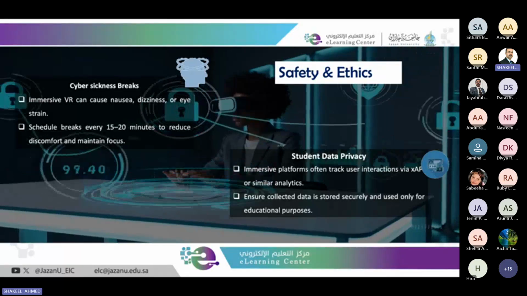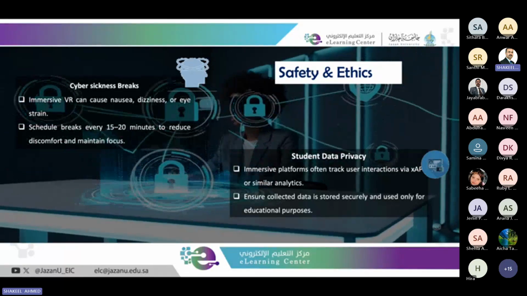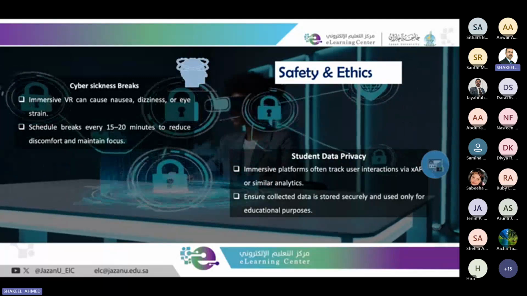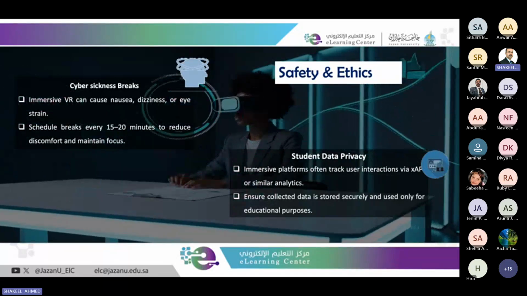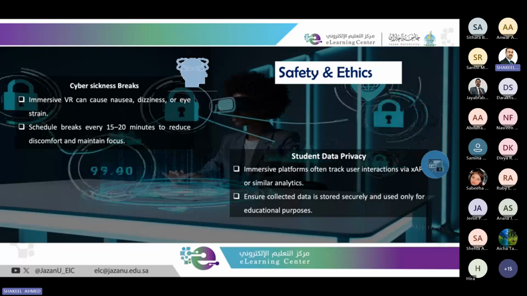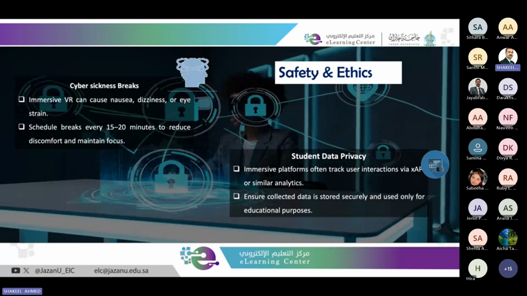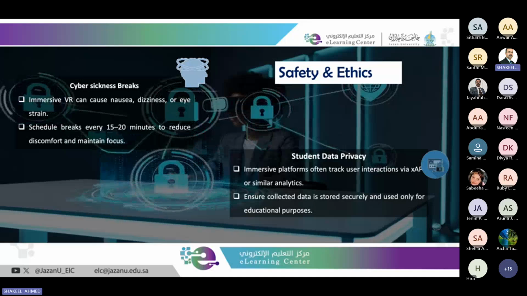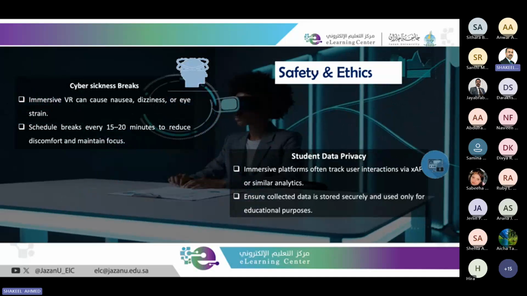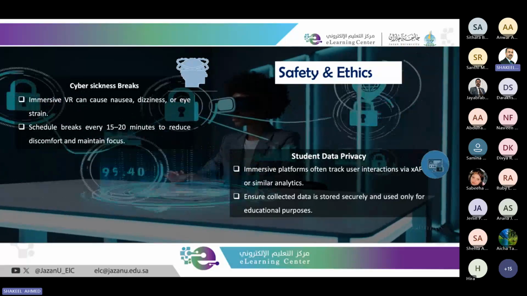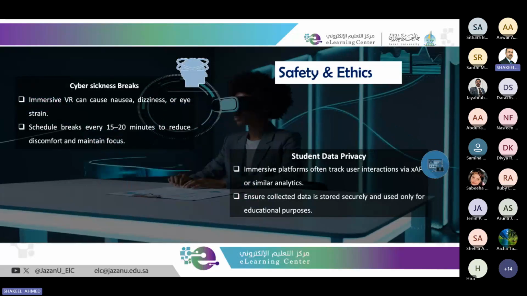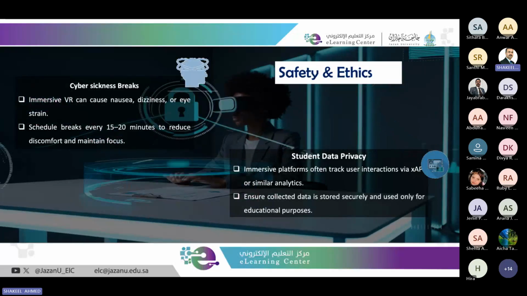Immersive technologies can sometimes cause dizziness or eye strain, because if you're using these devices all the time, for playing games or learning, it can harm your eyes. It can cause eye strain or some kind of dizziness, especially in VR. So how can you prevent this? Keep sessions short, schedule breaks, and always provide an alternative if a student cannot participate.